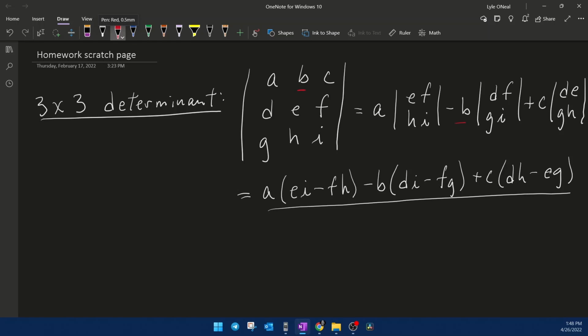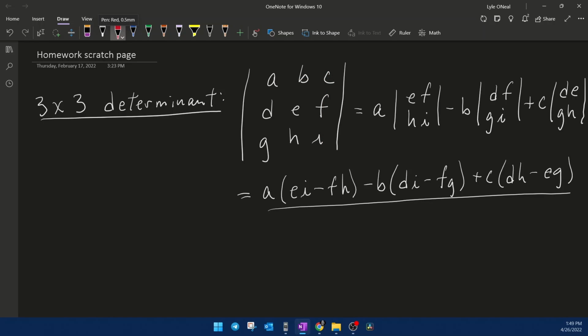So focusing on the next element, B, if we eliminate his row and column, we end up with D, F, G, I, and that would be the 2 by 2 matrix we would need to calculate. And then moving to the third element in the first row, crossing out the column and row that he is in, gives us D, E, G, H as a 2 by 2 determinant.